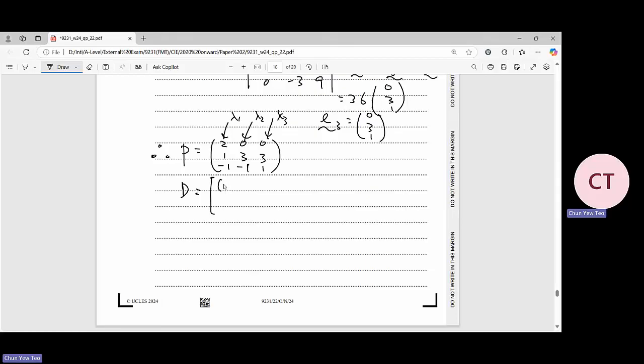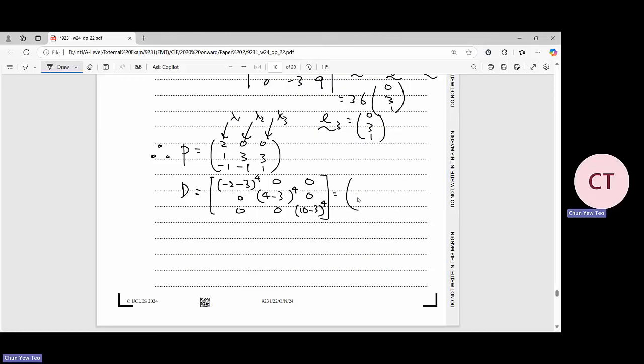So lambda 1 is (negative 2 minus 3) to the power 4. The rest of the diagonal matrix entries will be 0. Then lambda 2 is (4 minus 3) to the power 4, and lambda 3 will be (10 minus 3) to the power 4.